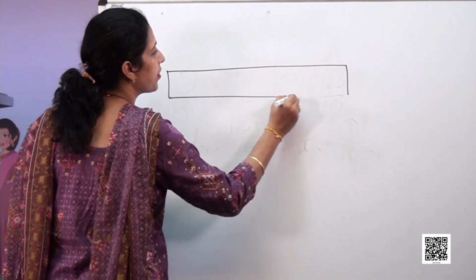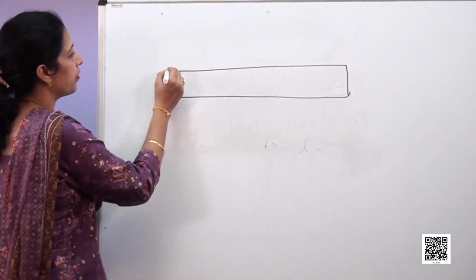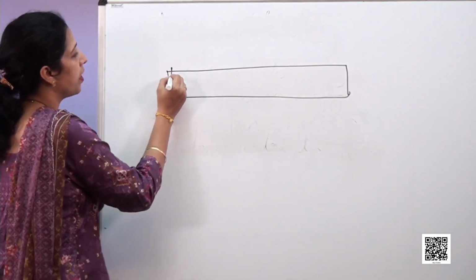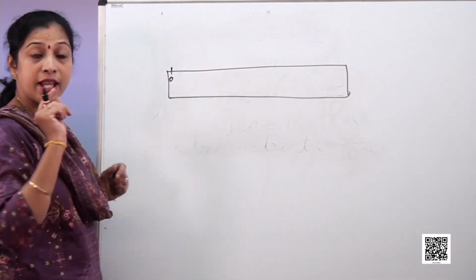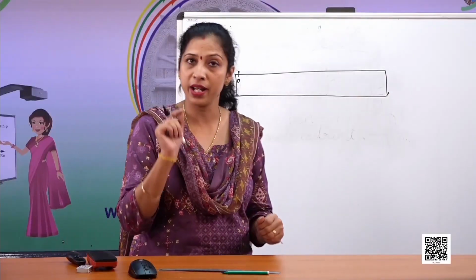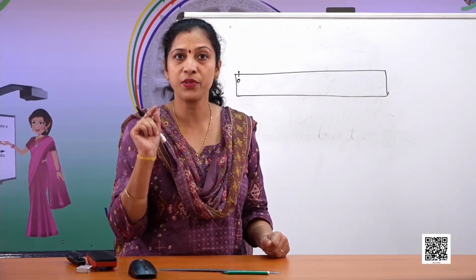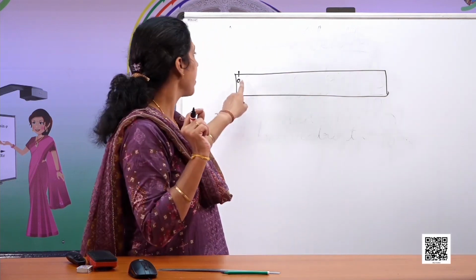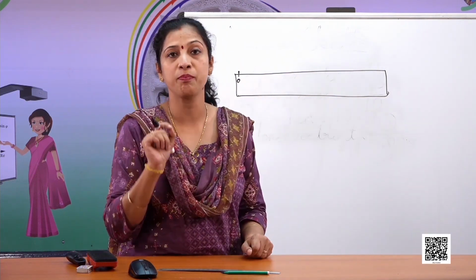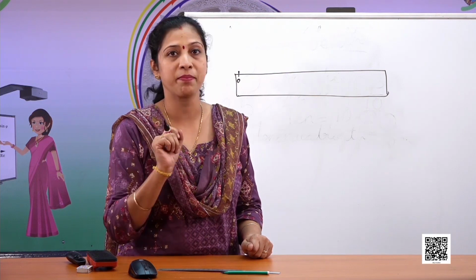Now just now I told you, this starts from a marking called zero marking. It is never written on the scale, but whenever we are measuring, we have to do that, because this zero marking is very important so that we do not make mistakes.